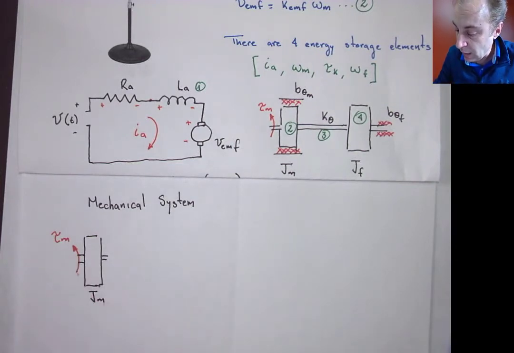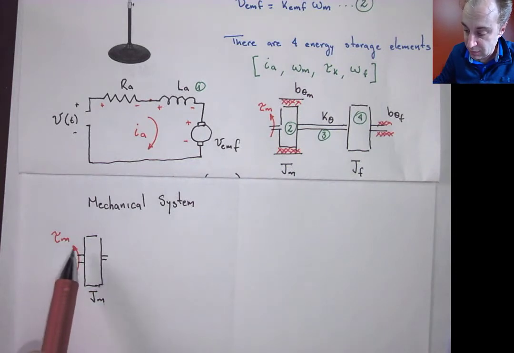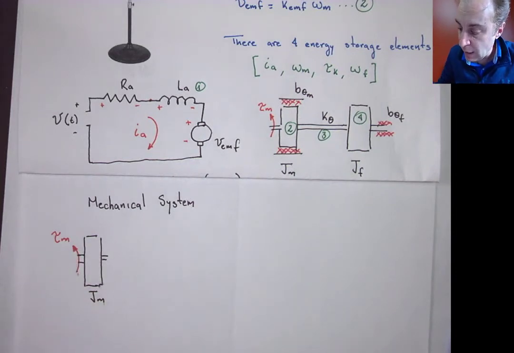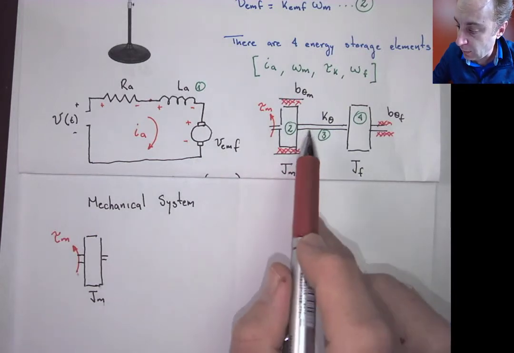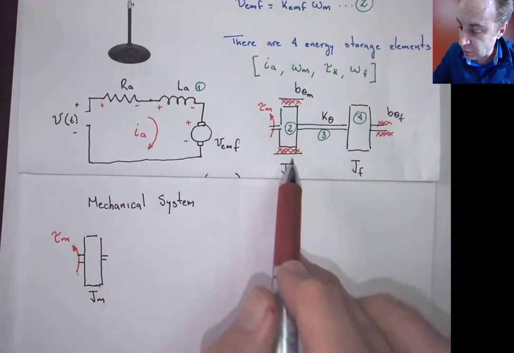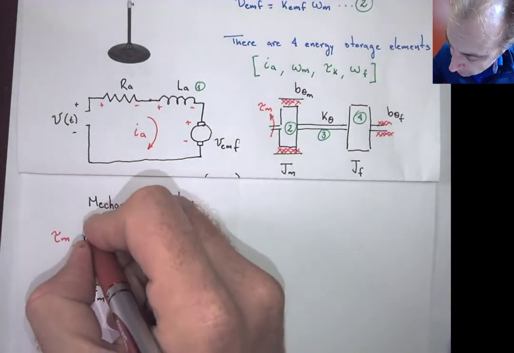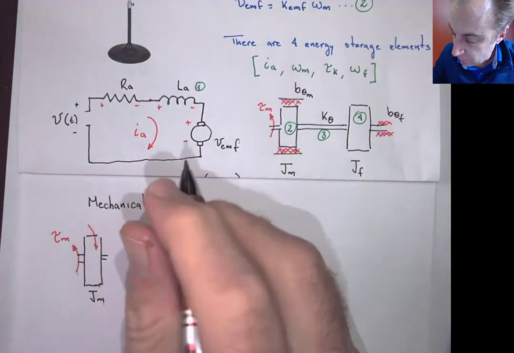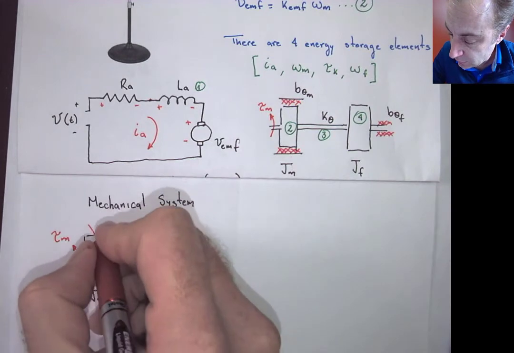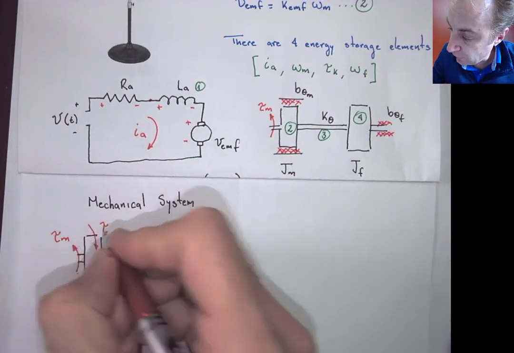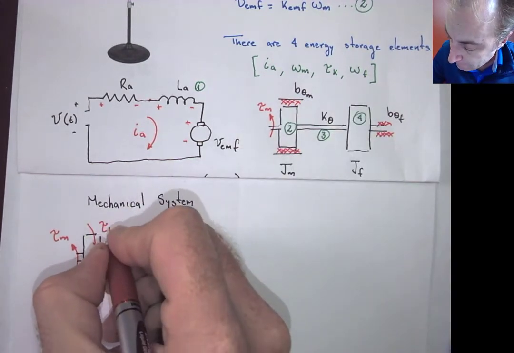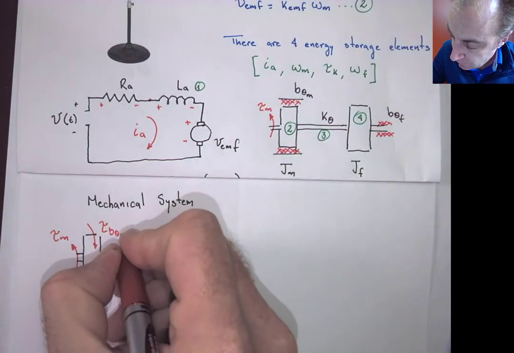Now, what are the torques that are trying to stop this torque, counteracting? We're going to have the torque coming from friction. So friction is trying to counteract that. So it's going to be tau b theta m, as we define it.